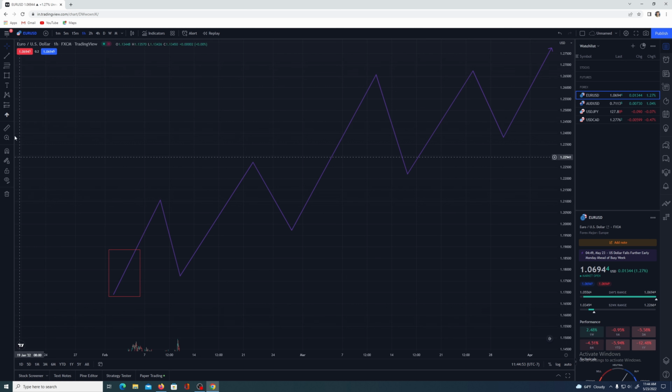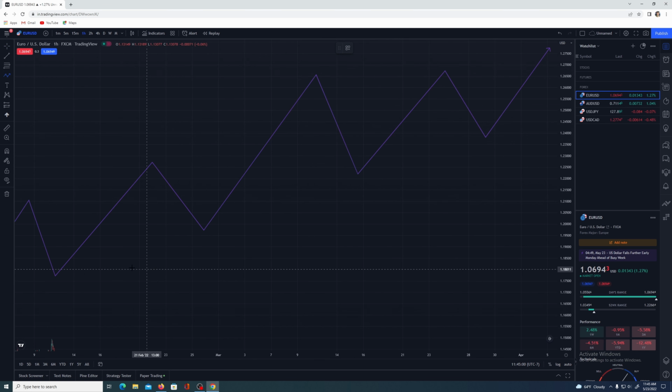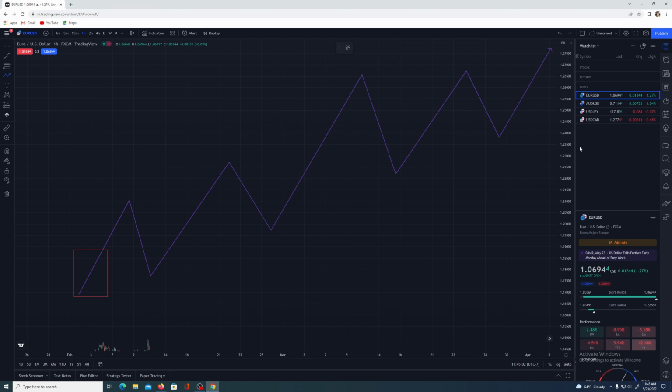Last time we also learned about fractality, which just means that because we have this structure on the higher time frame, on the lower time frames we're going to have other structure being put in.